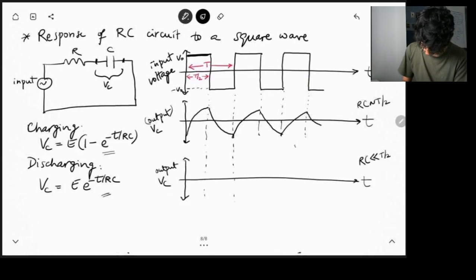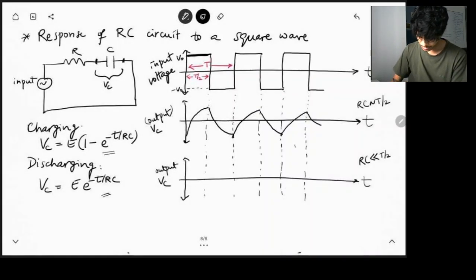So if RC is very small, that means it's going to take very little time to charge or discharge. So the switching will happen very quickly. So we start from here and then it goes up very fast. Next, when it starts to discharge, again it discharges very fast. Again charging very fast, discharging very fast, and so on.